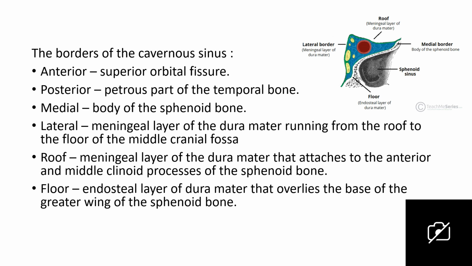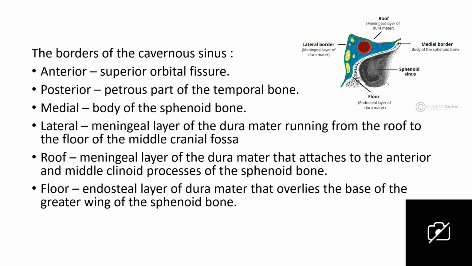The cavernous sinus is bounded anteriorly by the superior orbital fissure, posteriorly by the petrous part of the temporal bone, and the medial boundary is the body of the sphenoid bone. The lateral boundary is the meningeal layer of the dura mater running from the roof to the floor of the middle cranial fossa.